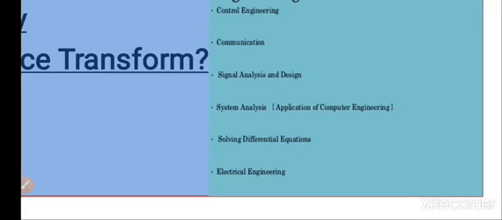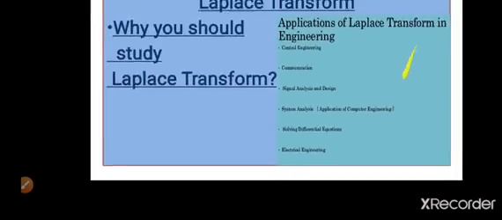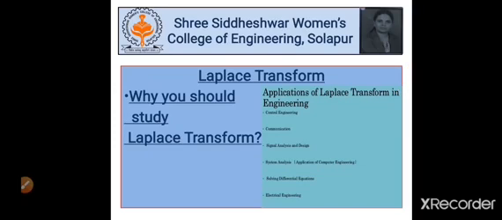The next one, an application in computer engineering, that is system analysis. Now we come across many differential equations while studying different branches of engineering. In that case, to solve the differential equations, Laplace transform is the best method. And also in the field of electrical engineering, we have to apply Laplace transform in many cases. Now we will start the actual syllabus of this unit 1, Laplace transform, from our next lecture.